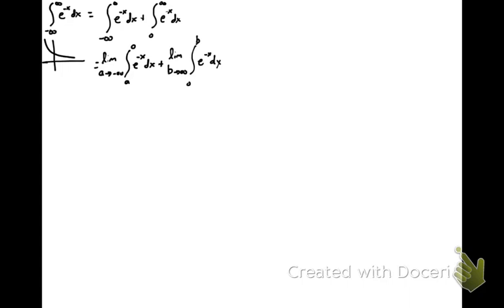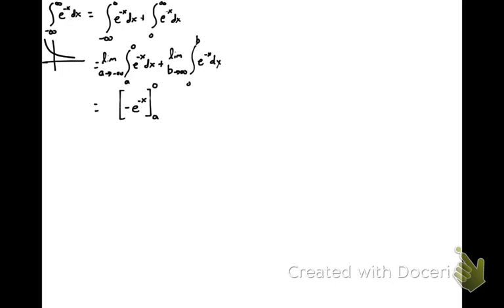And in both these cases, these are nice as far as integrals go. The integral of e to the negative x will be just negative e to the negative x. This one will be from a to 0.